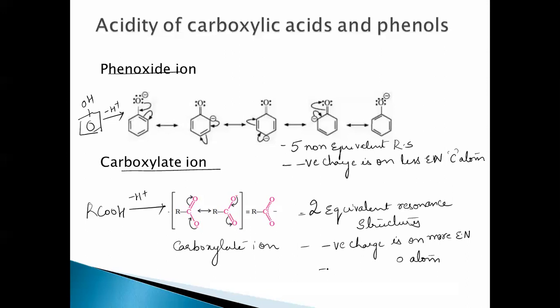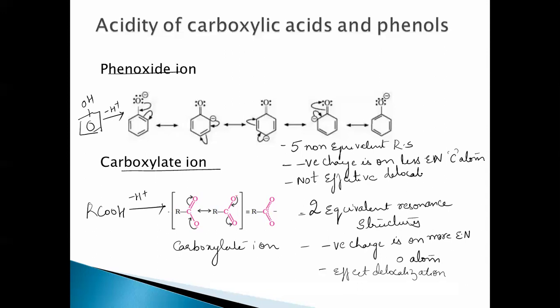And the third reason is that there is effective delocalization here, because the negative charge is delocalized between the 2 more electronegative oxygen atoms. So effective delocalization, right? Because it is shared by 2 oxygen atoms. Here, the negative charge is shared by 1 oxygen atom and the other one is a carbon atom, which is less electronegative. So the delocalization is not effective here.